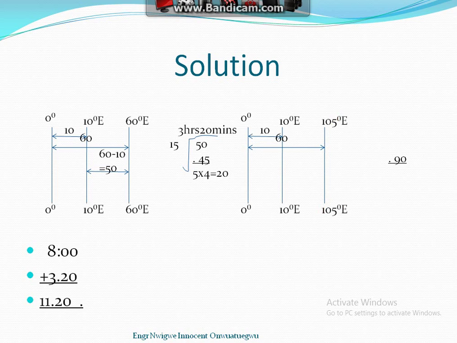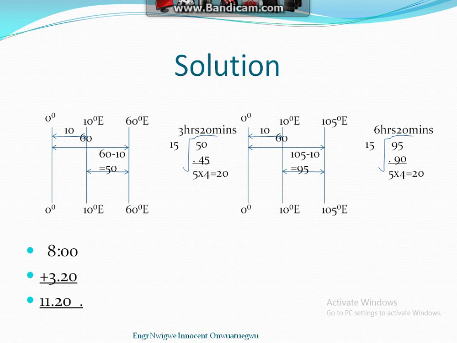We subtract 10 from 105 to give us 95. We use 15 to divide 95, which gives us 6. 6 times 15 will give us 90. 95 minus 90 gives us 5.